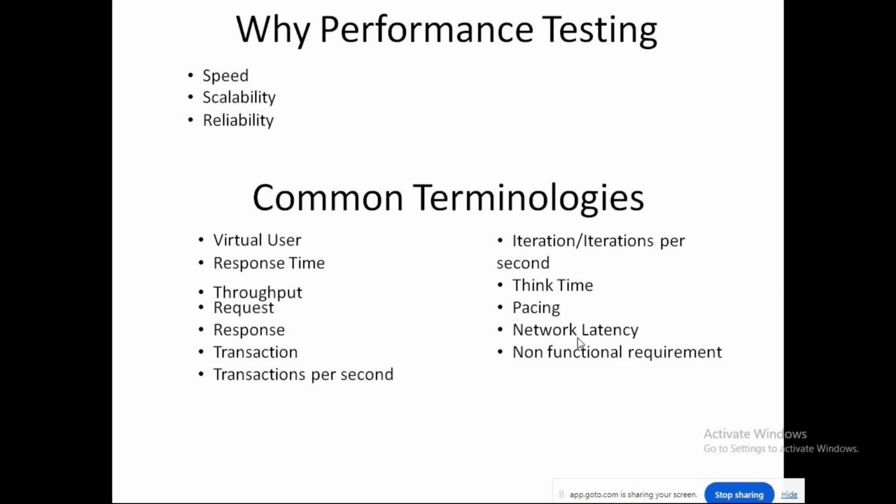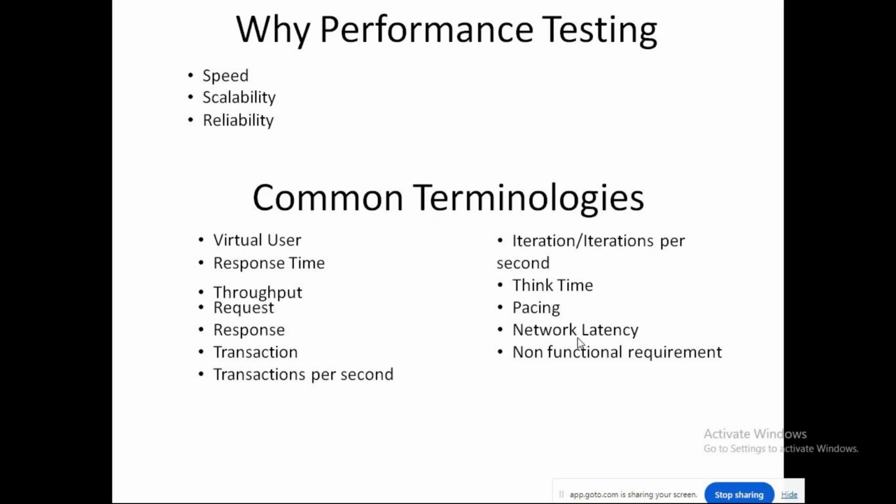Next, non-functional requirement. We get the requirements to do the tests, right? So for our non-functional testing, whatever requirements we get will be our non-functional requirements. And yesterday I told you there are different types of non-functional testing: performance testing, security testing, accessibility, browser compatibility, operational acceptance.